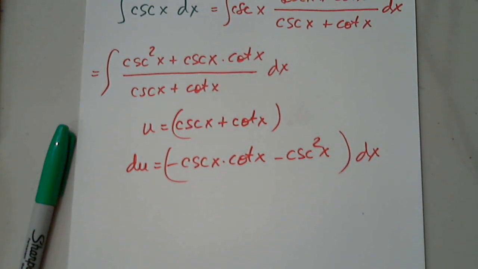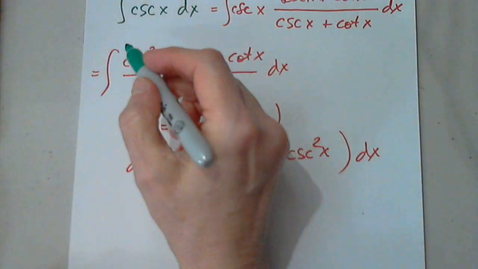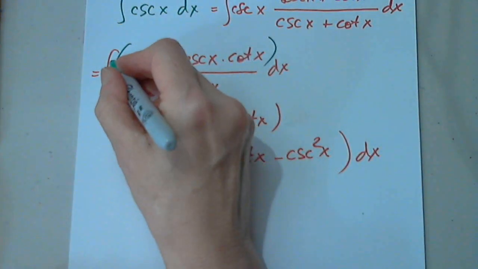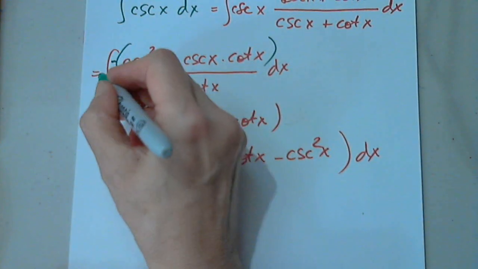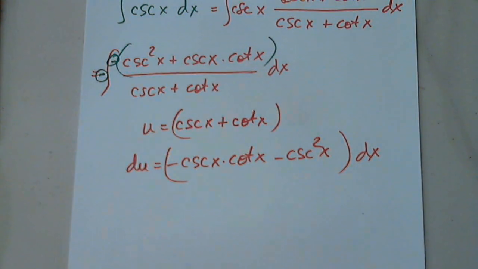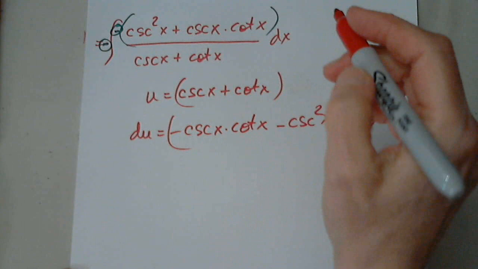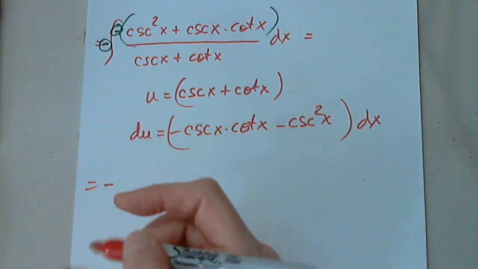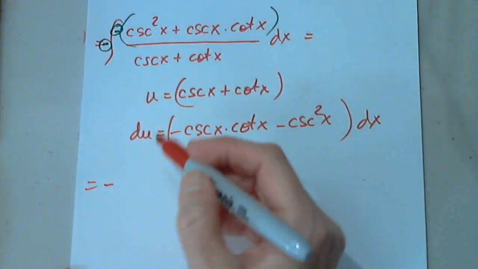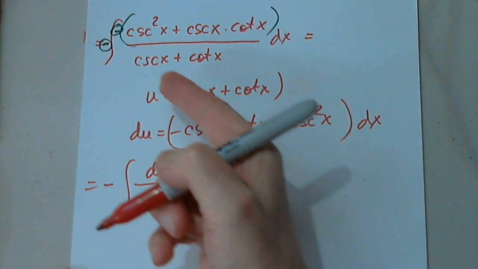No big deal. I will multiply by -1 twice, once here and once in front. Once here, once in front. -1 times -1 is 1. Okay, so then we have negative in front. All this at the top is du. You know the drill now.